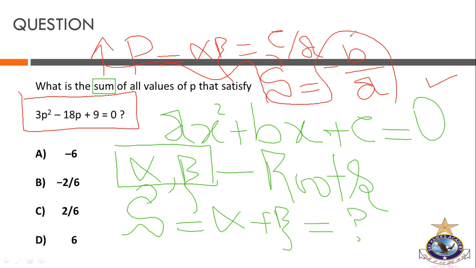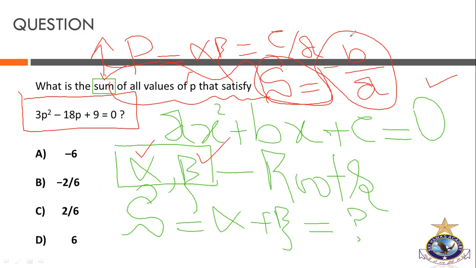So this is the sum of all the values which satisfy. So x or p are all those values. There are only two possible values because it's a quadratic equation, that may be alpha or beta. Alpha is for p and beta is also for p.